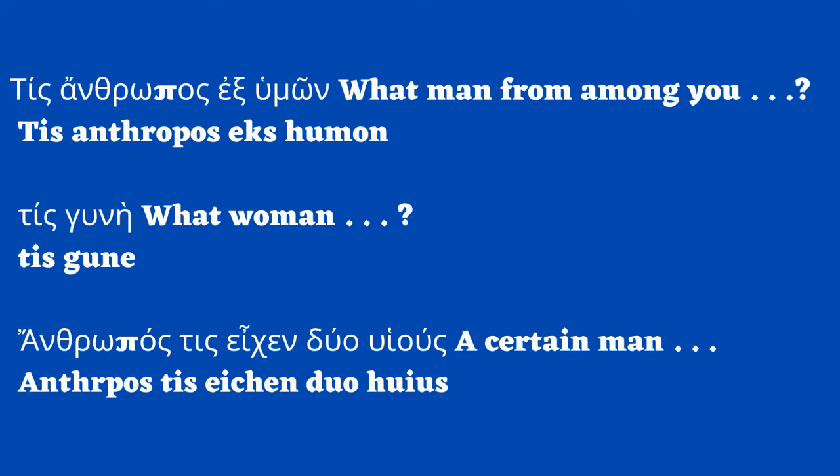Now let's go down to the third set. Anthropos tis eken. There's not an accent on the tis. The accented tis is an interrogative, who or what. The unaccented tis indicates specificity. A certain man has two sons.